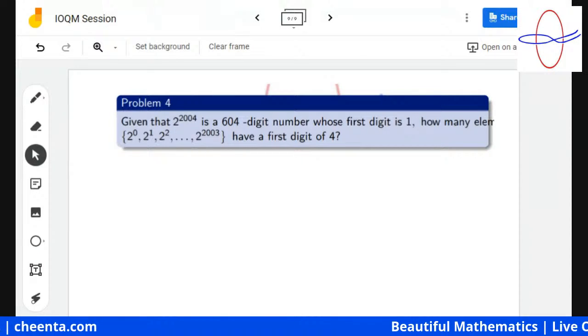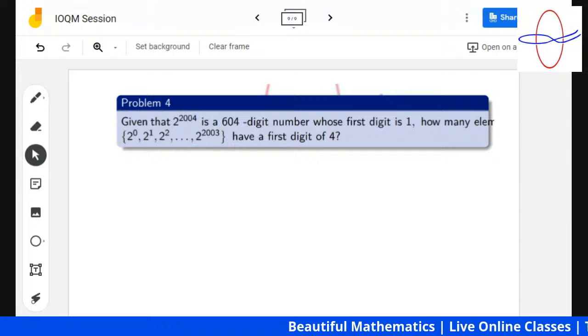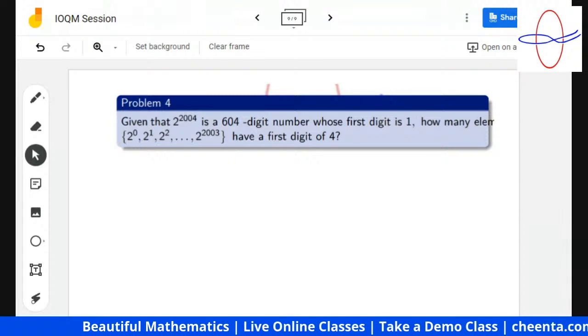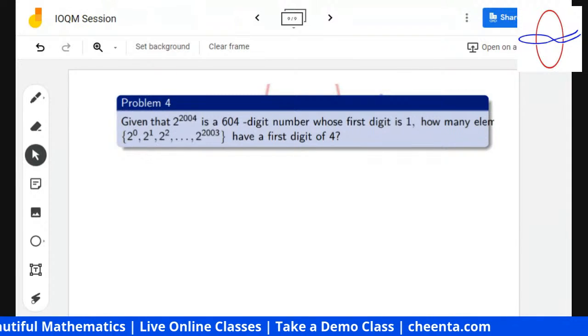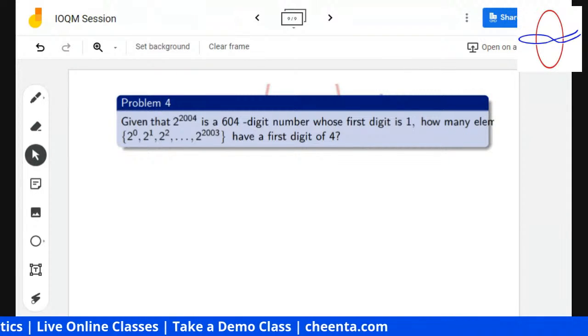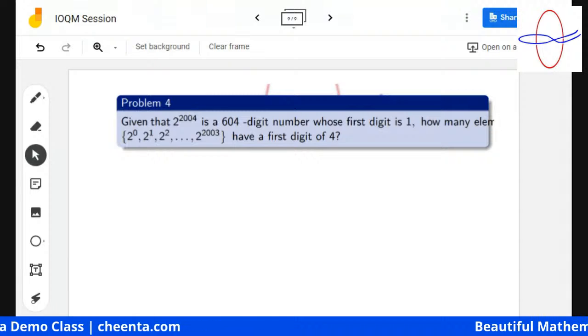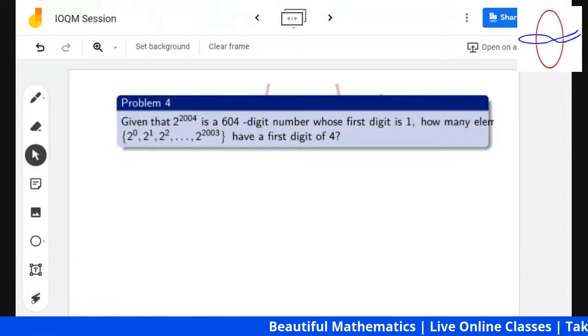Hello, guys. I have asked you to do this problem for some time. Since it's the last problem, I gave you some time to think about this. So do you have any ideas, guys? Did you discuss with each other?